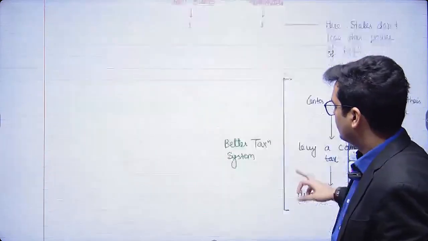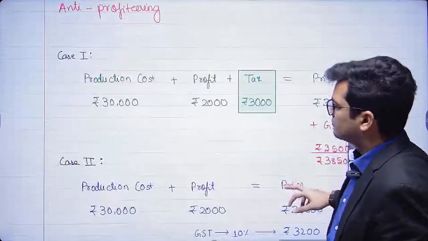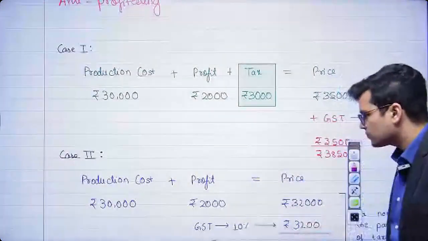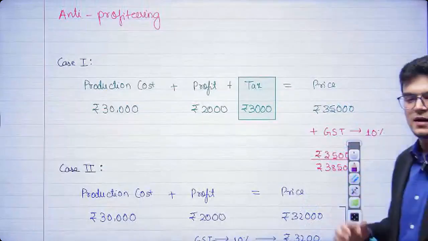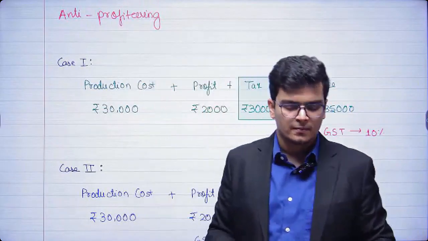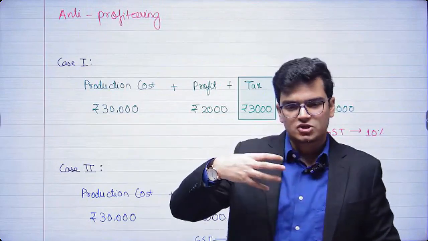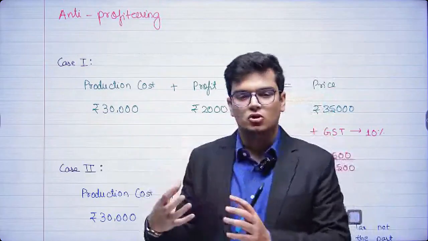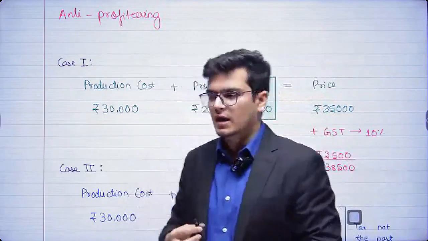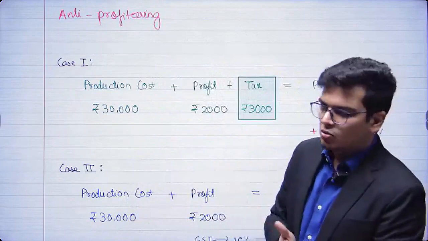Now there are a few more things we have to read about GST, and a few more things we have to read in terms of how taxation is done to ensure there is no tax evasion. कि आप टैक्स जो आपकी लायबिलिटी है आप उससे बच के ना भागो, उसके लिए भी कुछ प्रोविजन है.